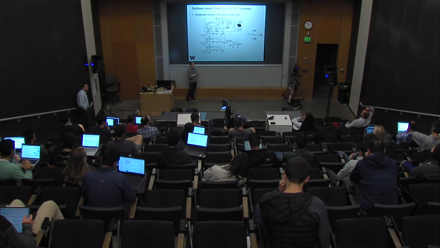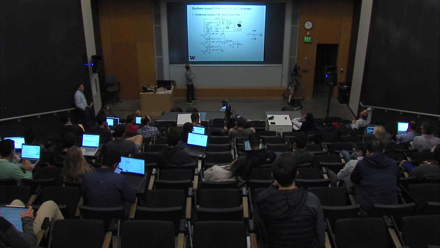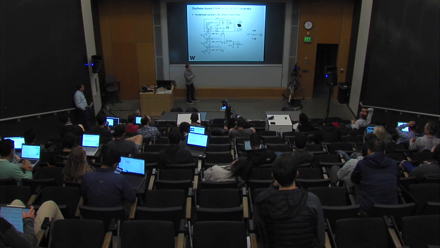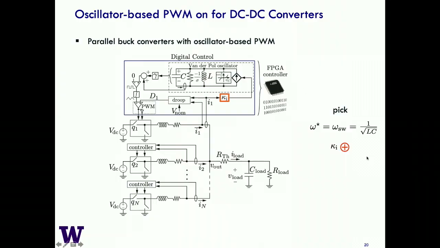Following up on that, what if the resonant frequency of your oscillator is not exactly the same as the switching frequency of your buck converters? Right, yeah. So the question is what if there's a mismatch between the switching frequency and the resonant frequency of the tank? What I would think would happen is that the performance would degrade.